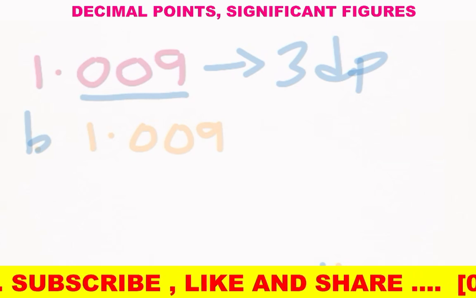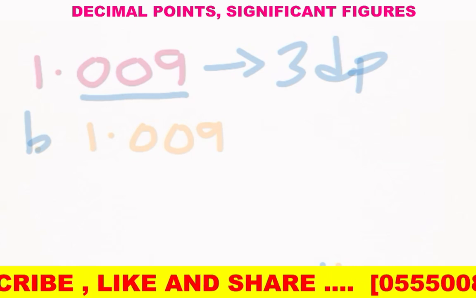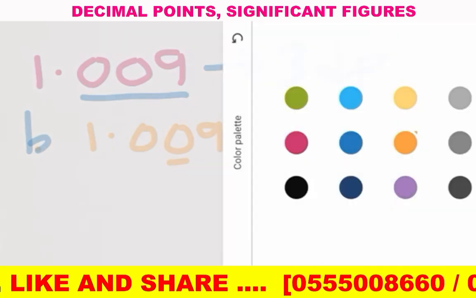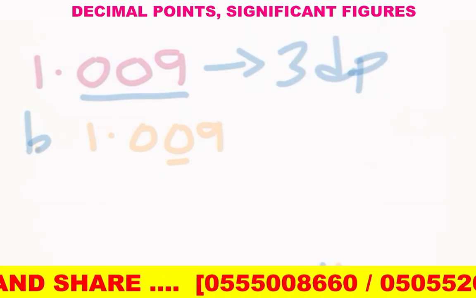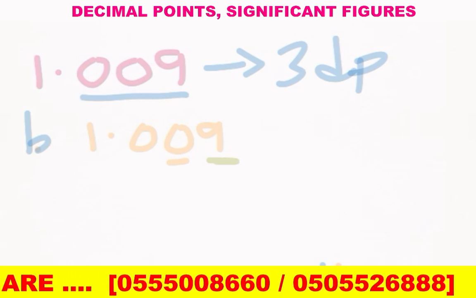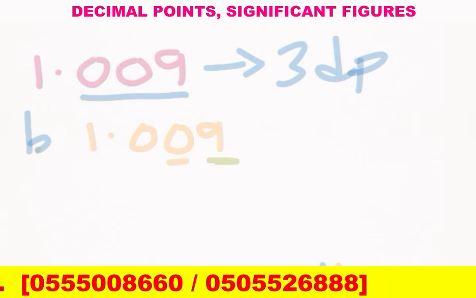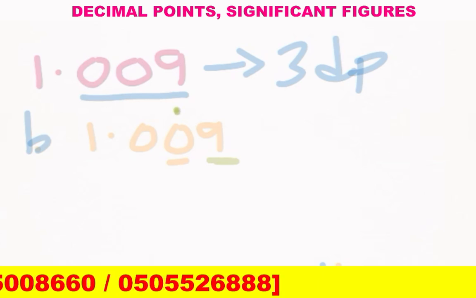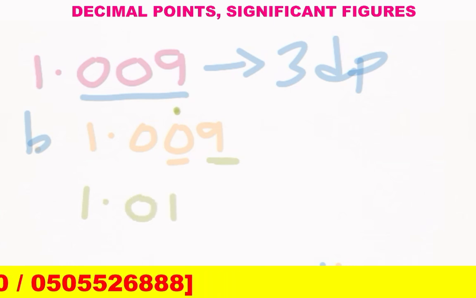So let's consider the last number, the immediate number that comes after the last 0. So let's look at that one. Since this number is 5 or more, I remember in the previous video I said that if it is 5 or more, you take 1 out of it and you add to this one. So when we add, we will be getting 1.01.